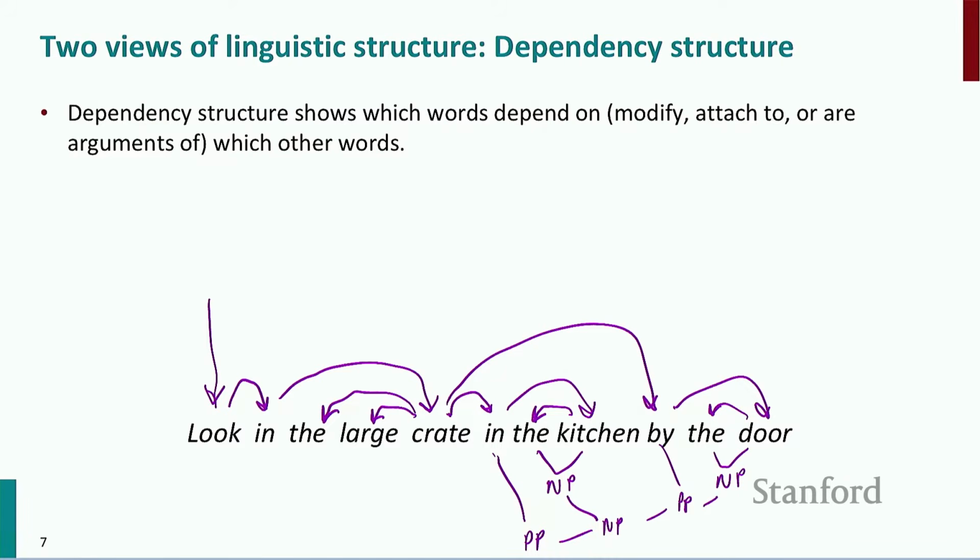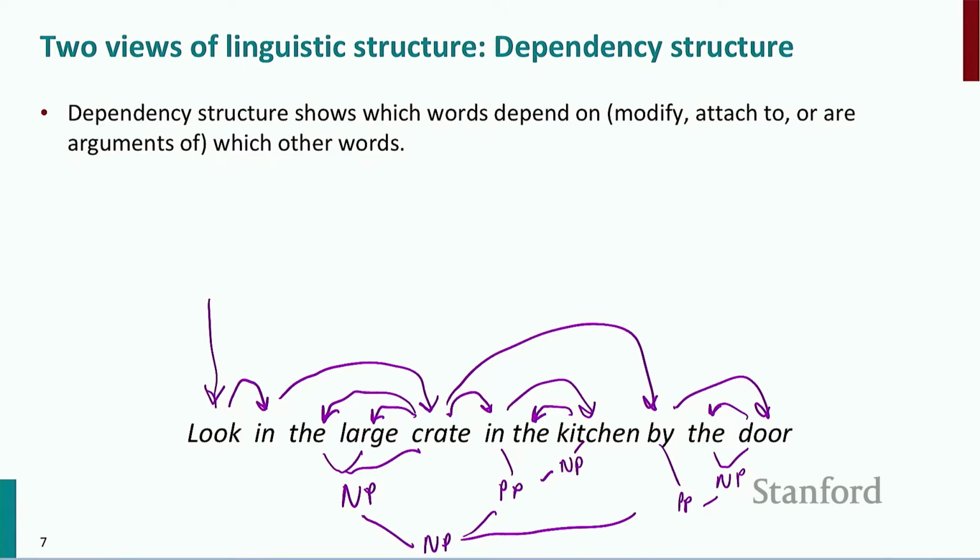In the constituency representation, I made the kitchen by the door into a phrase, and that was actually wrong. Whoops, bad me. So what I should have actually had was another prepositional phrase that went to a noun phrase of in the kitchen, and then both of those were coming off a bigger noun phrase like that.